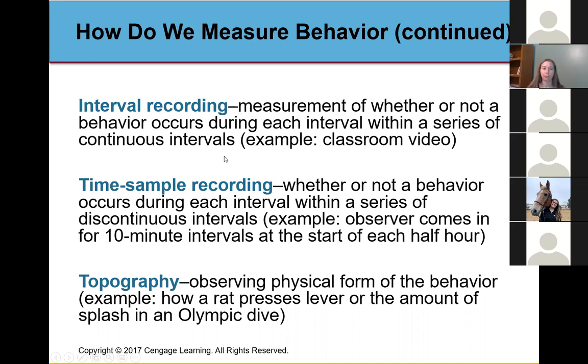In our dog videos, we're taking those 30-second videos, and for every 5 seconds, we're coding, does this behavior occur in this 5-second interval? It's just a yes or no question, right? Do we see barking in this first 5 seconds? Do we see barking in the second 5 seconds? Do we see barking in the third 5 seconds? Continuous intervals for that entire 30-second sample. So that's going to be interval recording.